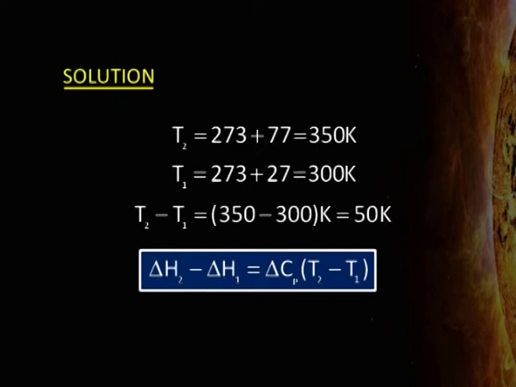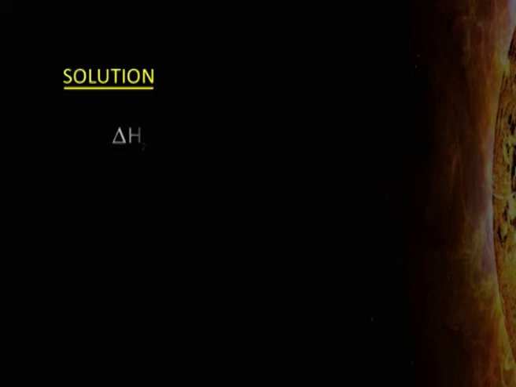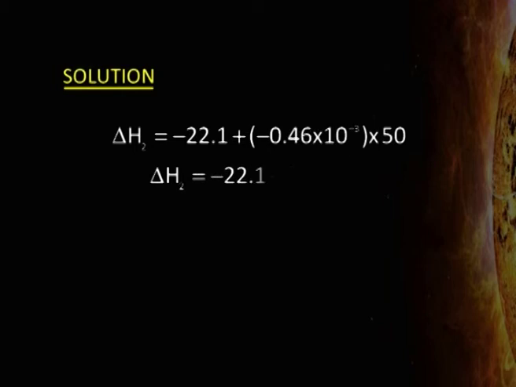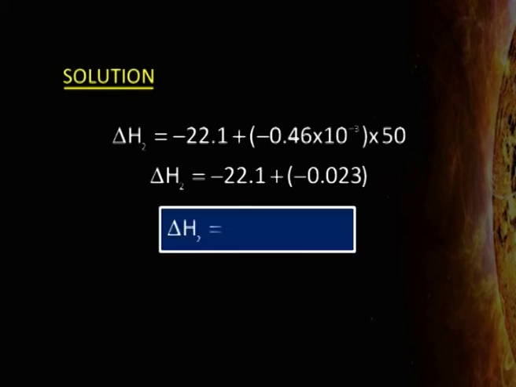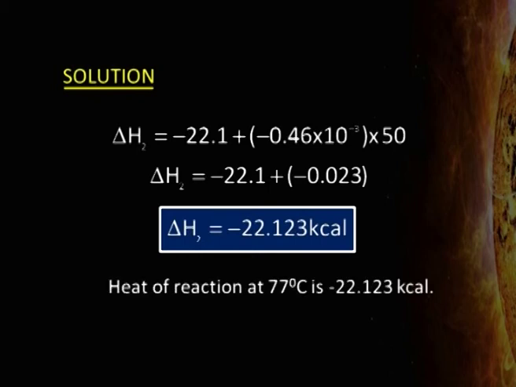Substituting these values in Kirchoff's equation, we will have delta H2 equal to minus 22.1 plus minus 0.46 multiplied by 10 to the power minus 3 multiplied by 50, which is equal to minus 22.1 plus minus 0.023 equal to minus 22.123 kilocalories. Therefore, heat of reaction at 77 degrees Celsius will be equal to minus 22.123 kilocalories.